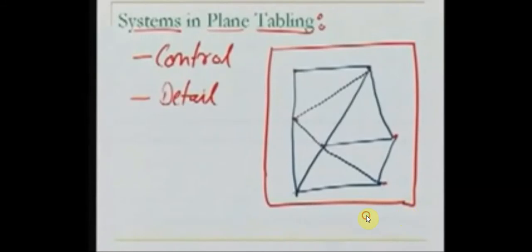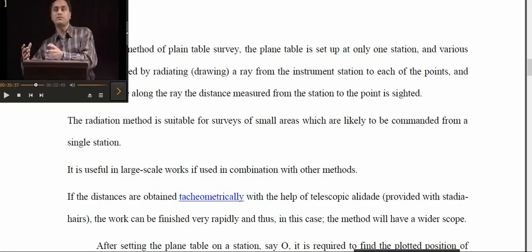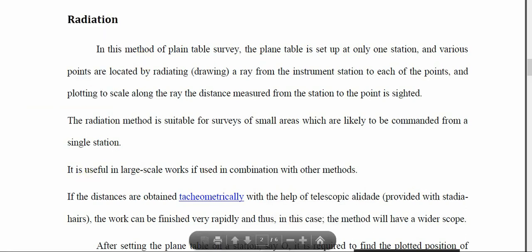So our control is available to us. So whenever we generally go to the field to do the plane table survey, the control is already available to us.